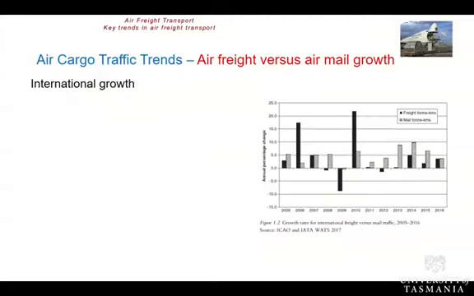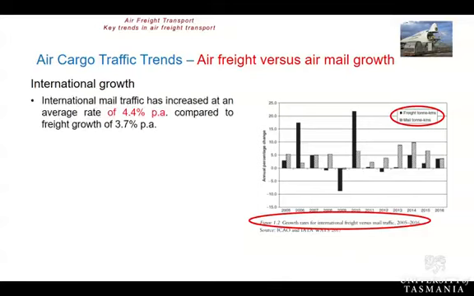We're now going to look at air freight versus air mail growth. And from an international perspective, looking at freight tonnes per kilometres in the dark bar and the mail tonnes per kilometres in the striped bar, what this tells us is that over this period, I already mentioned that air freight had been increasing on average over that period at 3.7%.